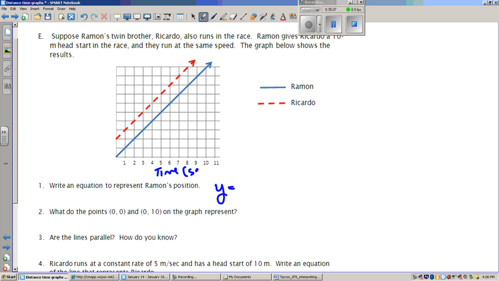So time in seconds and distance in meters. It told us that Ramon gives Ricardo a 10-meter head start. So that means Ricardo is starting at 10, which makes our scale here 5, 10, 15, 20 as before.